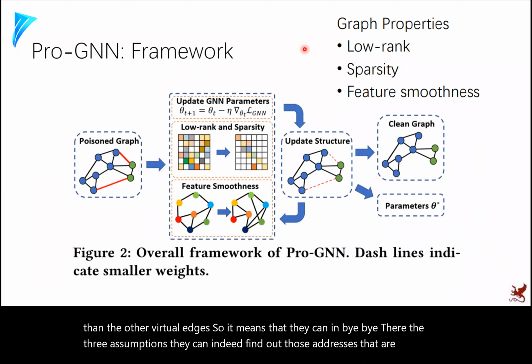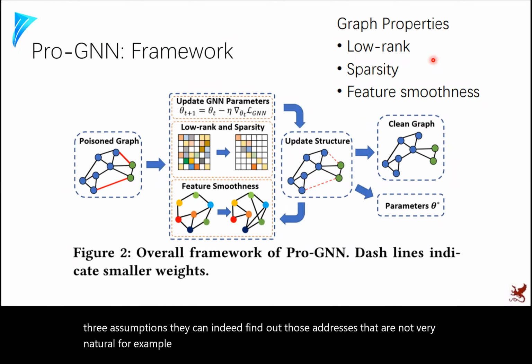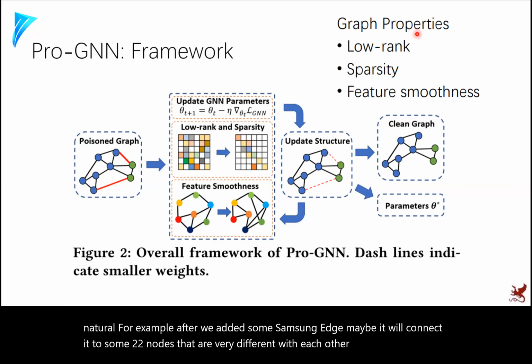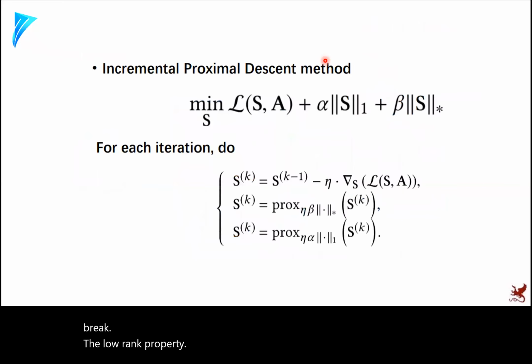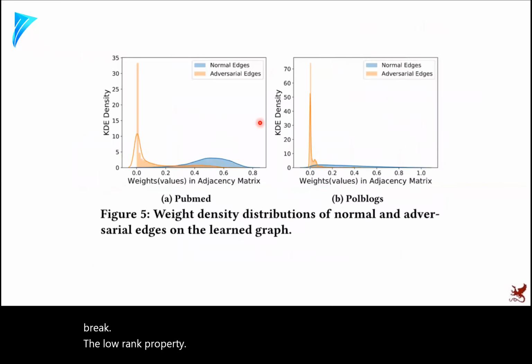For example, after we add some edge, maybe it will connect two nodes that are very different from each other, or it will break the low rank property. So by adding these three constraints, they can somehow filter out those adversarial edges.